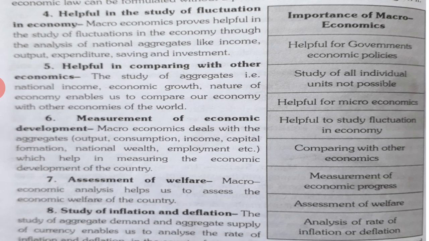Third is helpful for microeconomics. Yes, all the policies, schemes and plans, or the acts and laws that are made by macroeconomics, are implemented for microeconomics, like the law of diminishing marginal utility. It could not have been found or formulated unless the experiences of masses of individuals had been collected and taken into account.